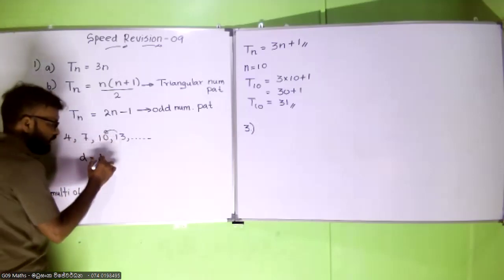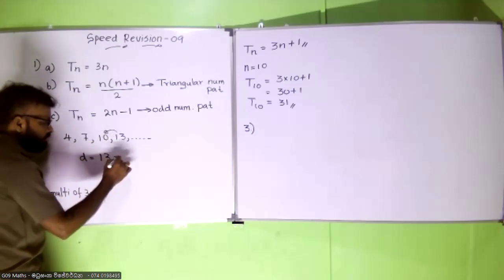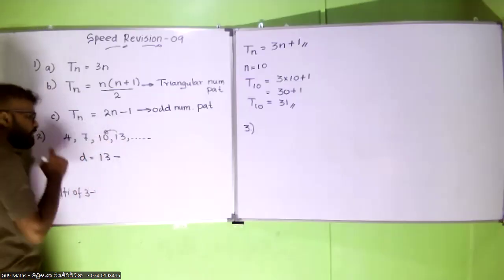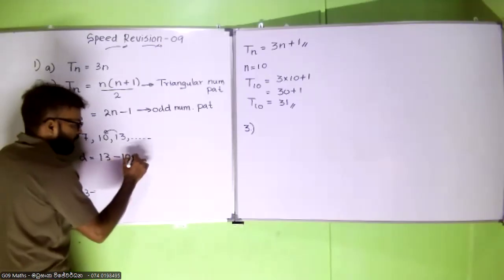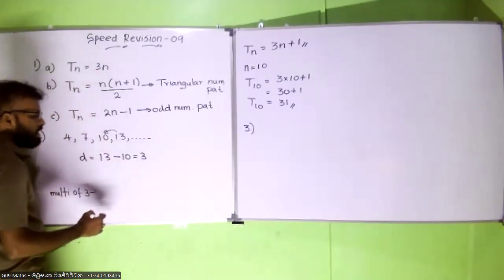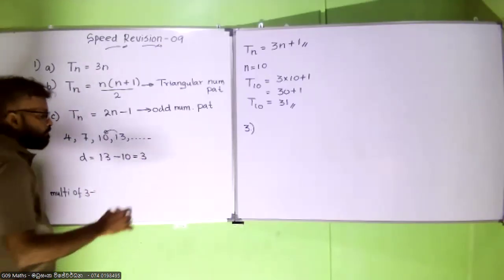So I will choose 13, then minus the previous term, which is 10. The subtraction is 3.